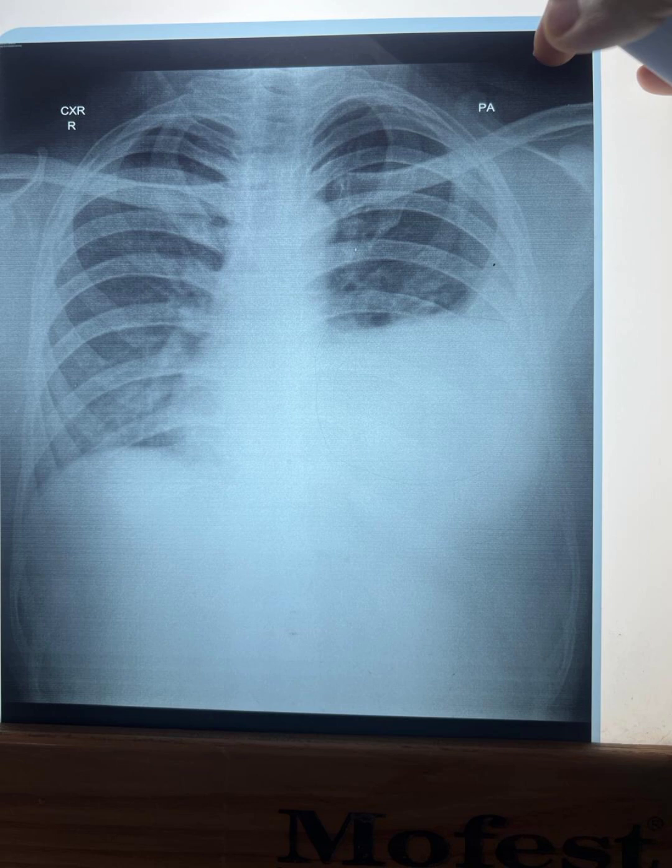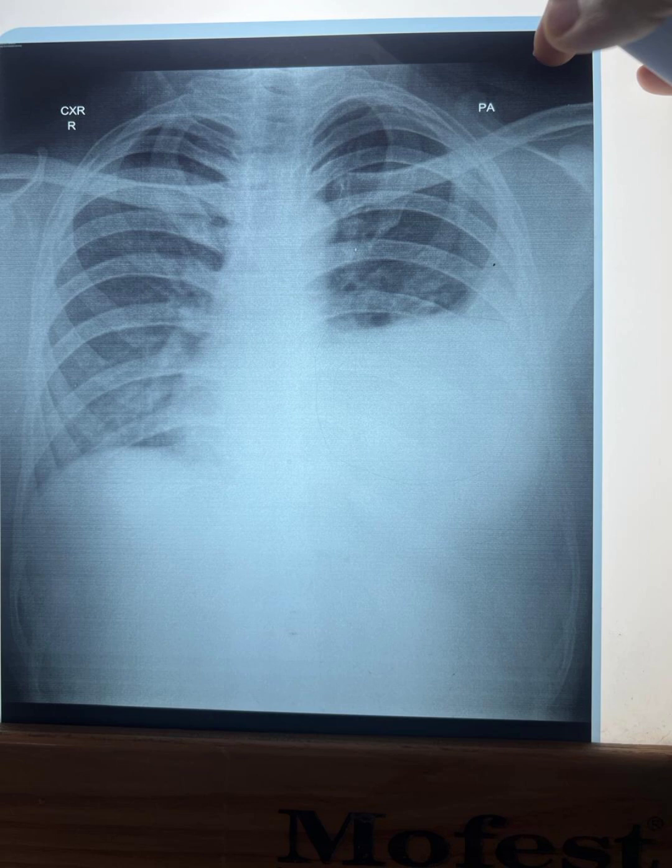So in a nutshell, this chest X-ray has a dense opacity in the lower zone of the left chest, and there is obliteration of the left costophrenic angle, and the superior border appears to have a meniscus line curve, and it's pointing towards the axilla.